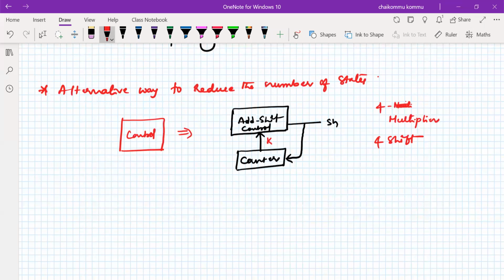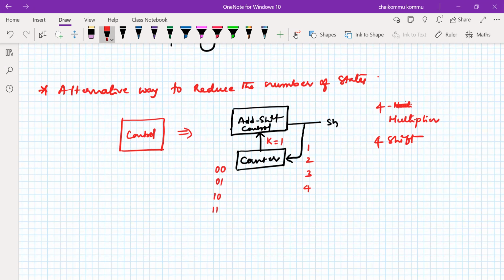For example, first shift has happened, so it is counting 0 0. Second count is done, then 0 1. Third count is done, 1 0. Fourth count is done, 1 1. So immediately when the fourth count is completed, it generates k equal to 1. That means we can stop the multiplication.